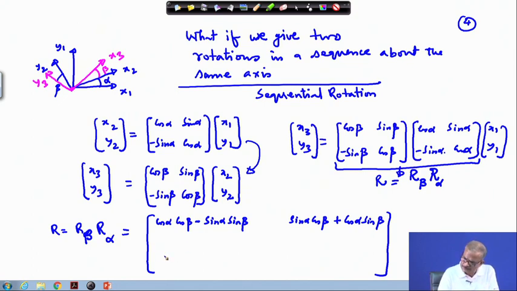So, cos alpha, this is sin beta with minus sign, and this is minus sin alpha and then cos beta.